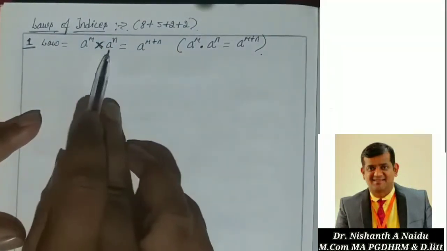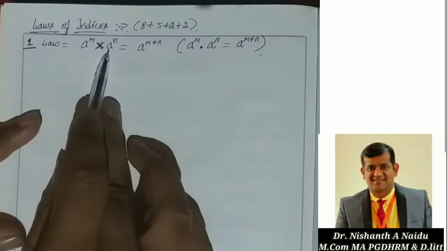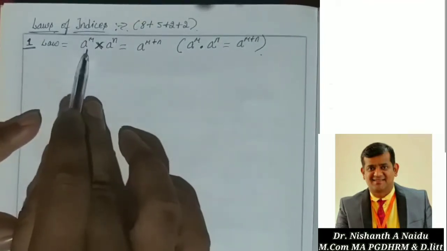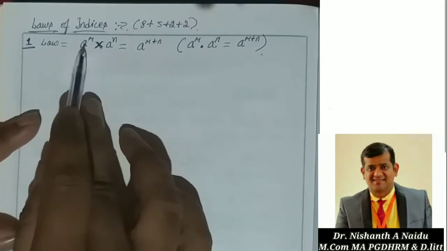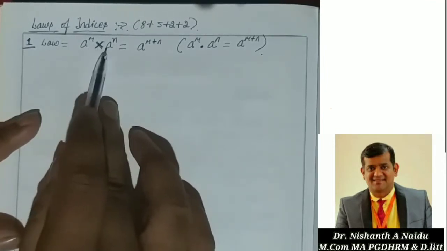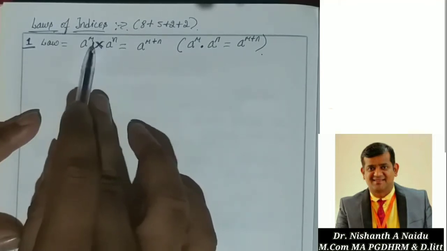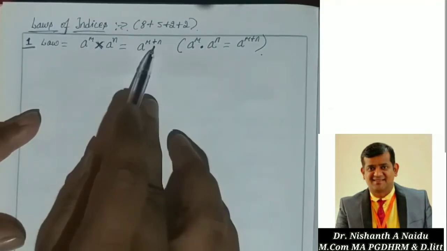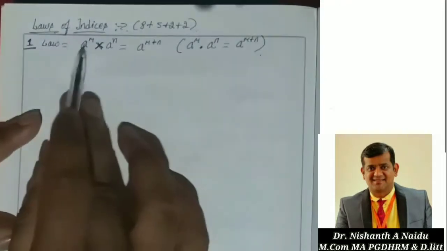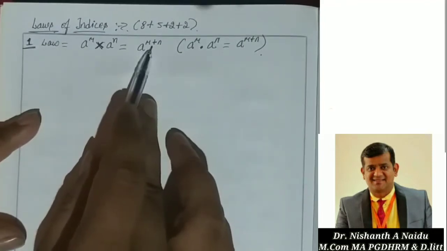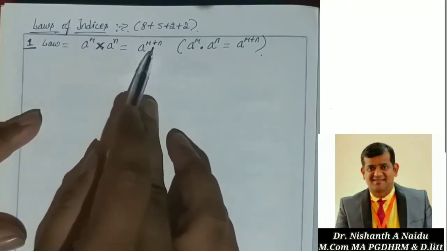So when bases are the same, powers can be added. See, a is the same. So when bases are the same, for multiplication, the powers are added. Clear? This is the first law of indices.